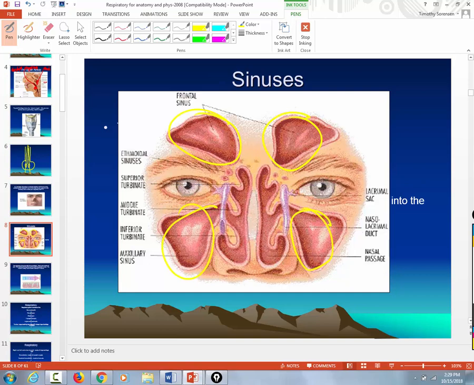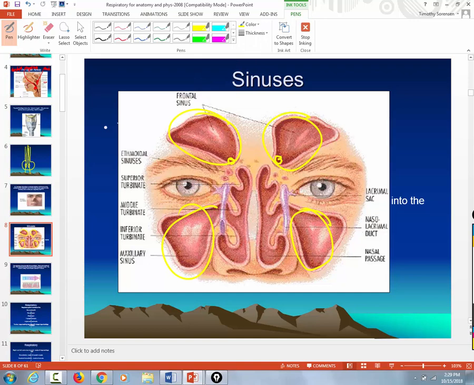So the maxillary sinuses and the frontal sinuses, they will drain mucus into the back of your throat, into the nasal pharynx. Now, there are actually little tiny holes in the sinuses that allow that mucus to drain.